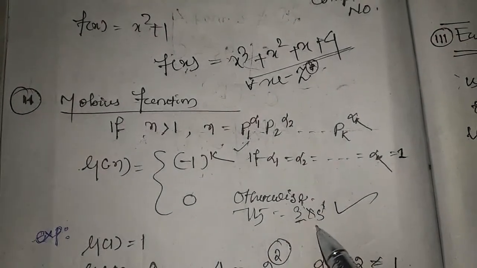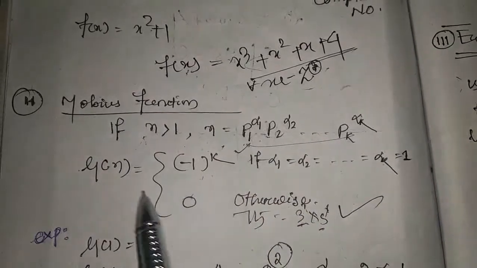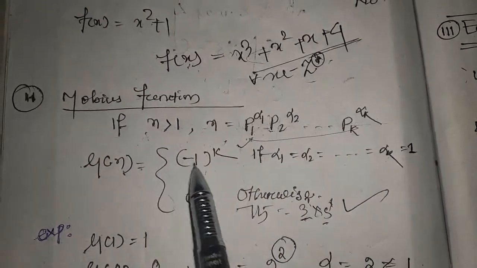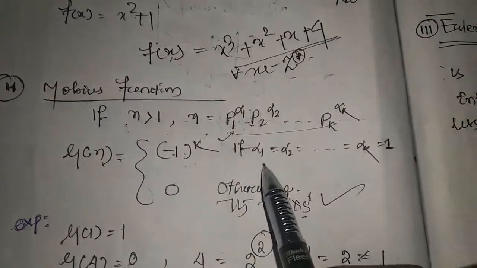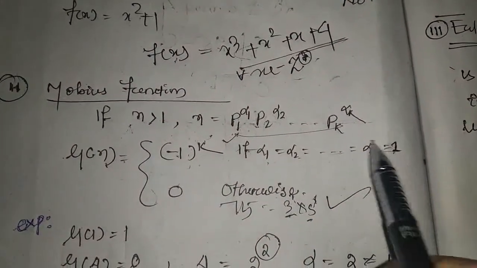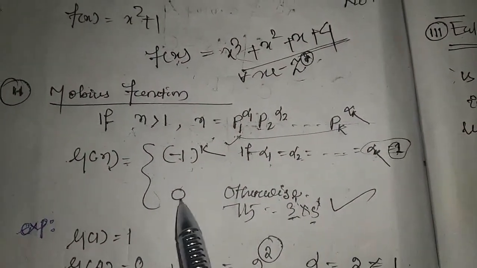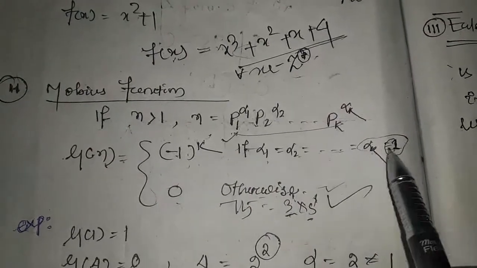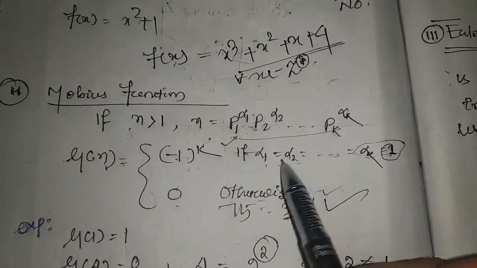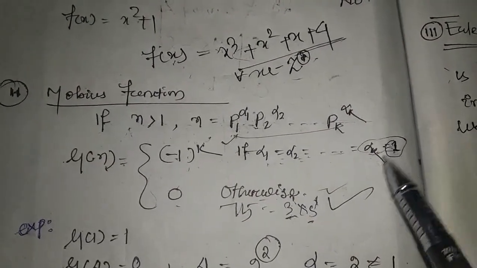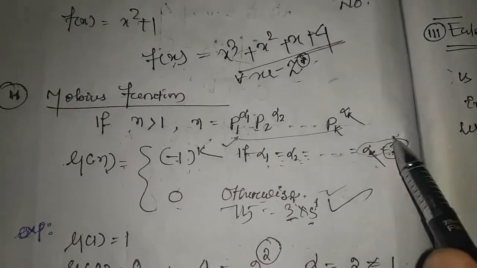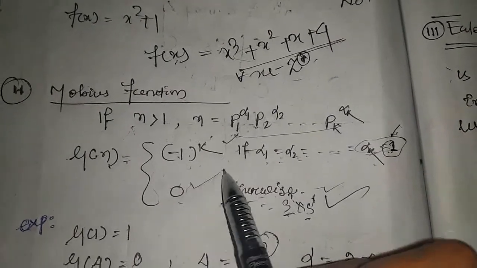These are the prime factors. Then mu n is equal to minus 1 to the power k if alpha 1, alpha 2, up to alpha k are all 1, and 0 otherwise. If alpha 1, alpha 2, up to alpha k are not all 1, then it gives 0.